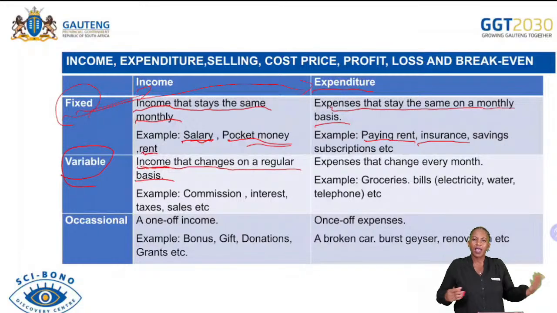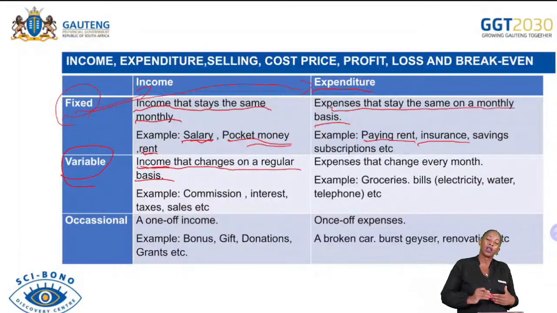And then next month, if I get interest on a monthly or annual basis, then I know that if it's a compound interest, my interest will be based on the balance that I have at the end of the month. So it will vary on a monthly basis, because my balance will also be variable.